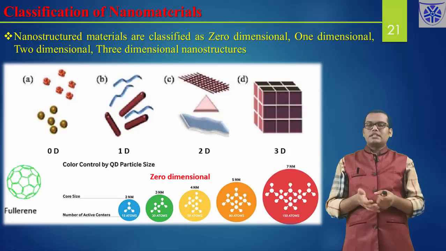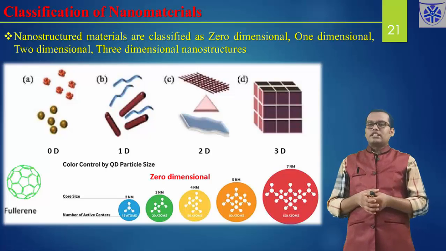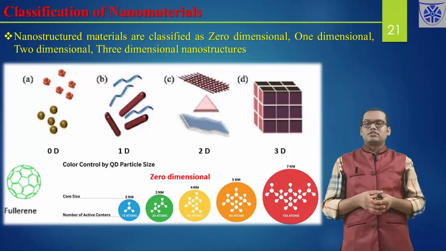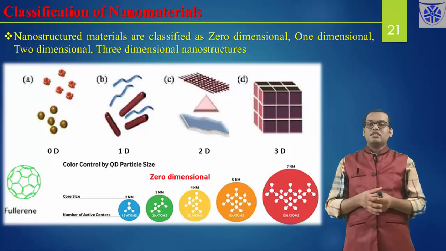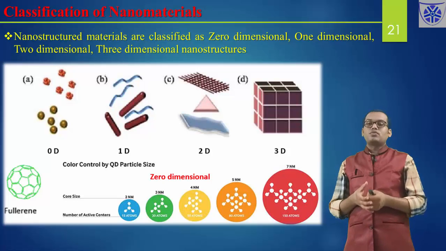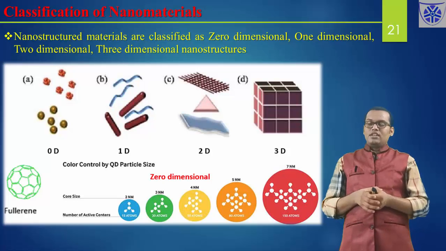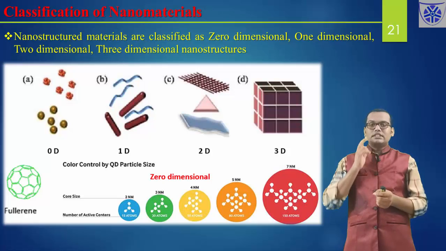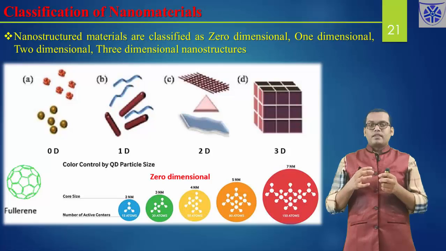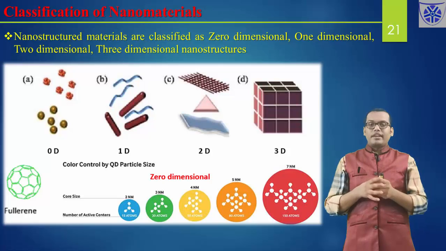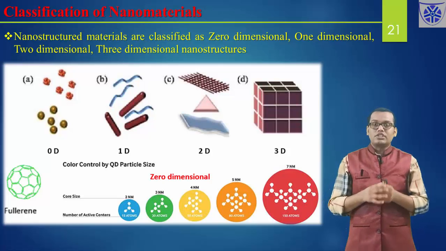So let us see the classifications of the nanomaterials. You can classify based on the dimension: 0 dimension, 1 dimension, 2 dimension, 3 dimension nanomaterials. Now why do we call them 1 dimension, 2 dimension, 3 dimensional materials? For 0 dimensional materials, you can take the example of quantum confinement. When all the dimensions are confined, that is called a 0 dimensional material.